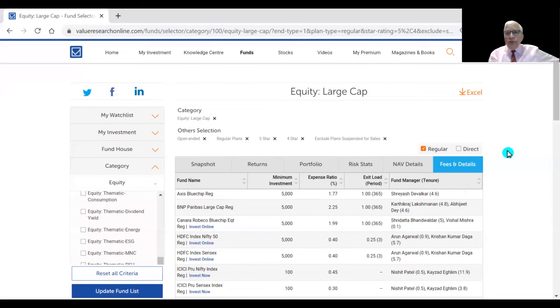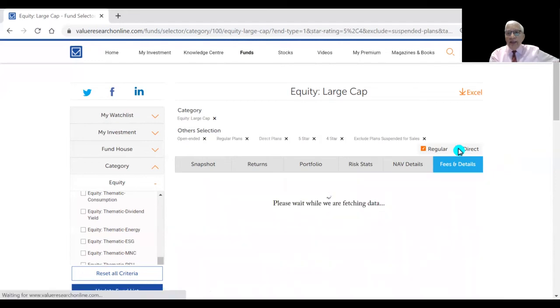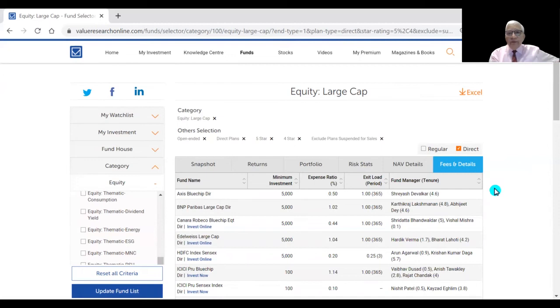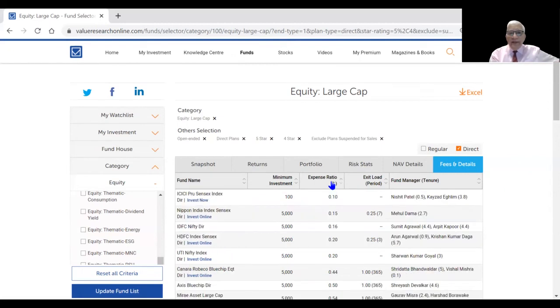Like, see here, if I keep this page and click on direct plans, and if I remove the regular plans, you will find some of the funds having an expense ratio as low as 0.10.